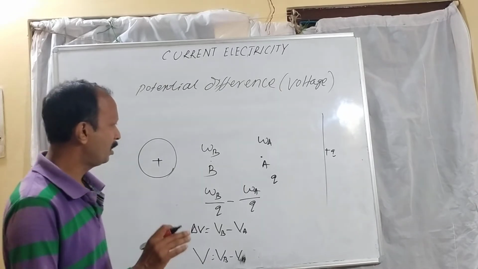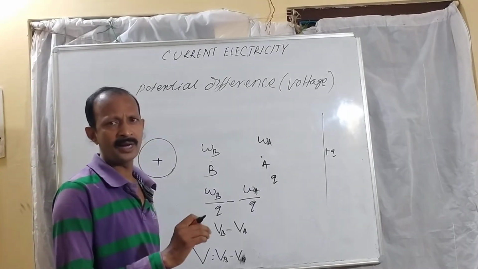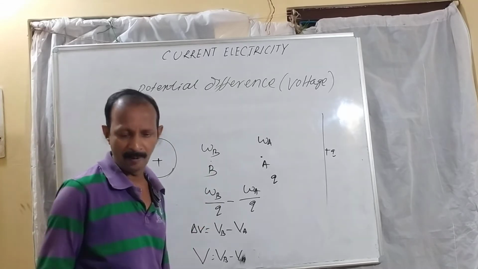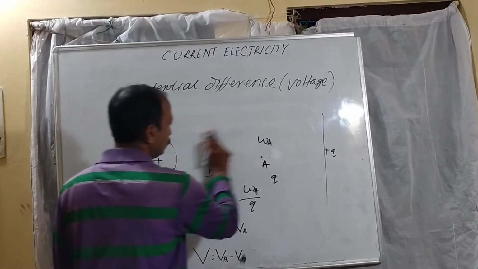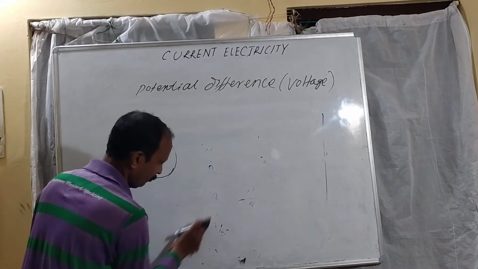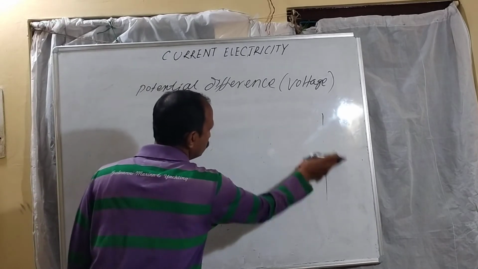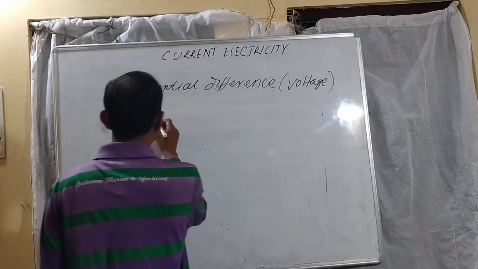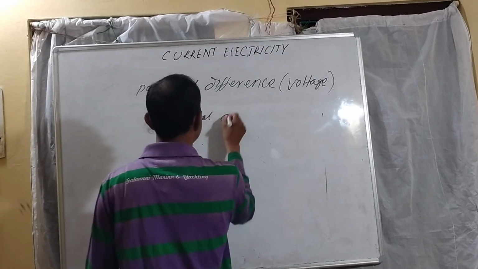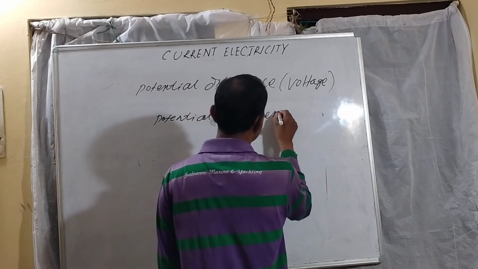How much work is done for bringing a single unit positive charge from one point to another point is called the potential difference between the two points. Potential difference means electric potential difference.